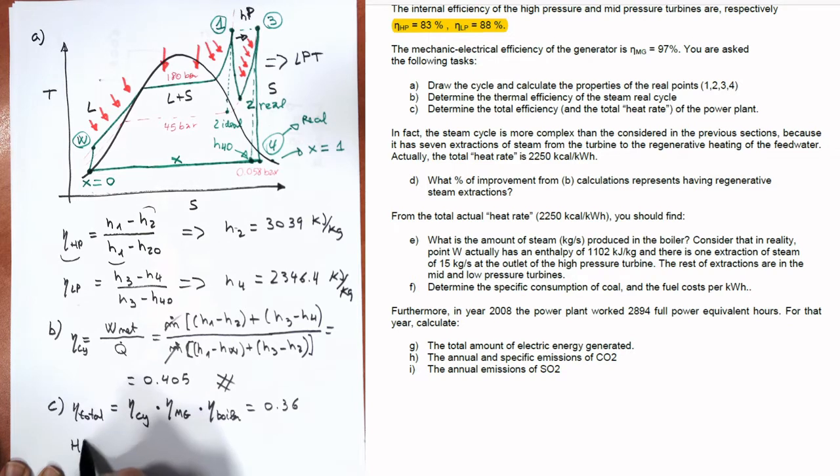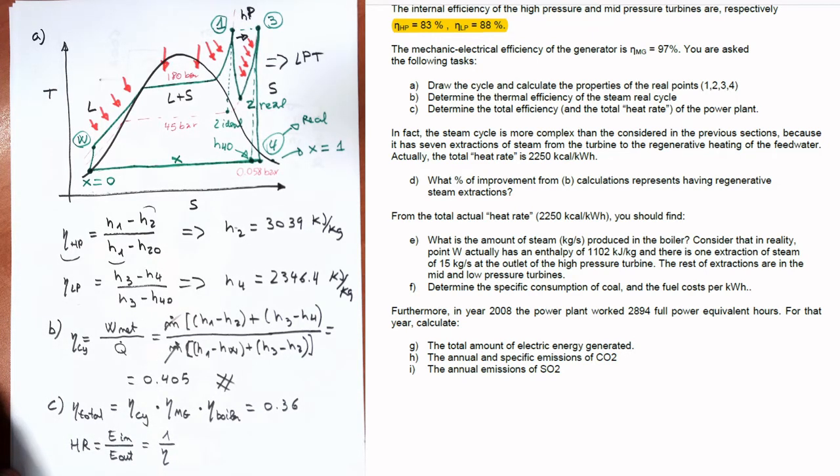We know that the heat rate represents how much energy we need to put to obtain 1 kilowatt hour. That's the opposite of the efficiency, so we can already write that this is the opposite of the total efficiency.